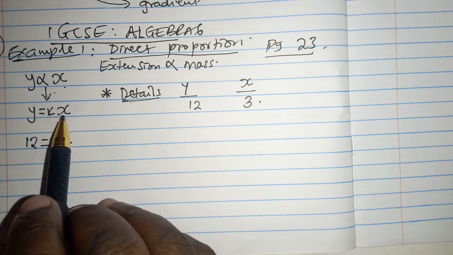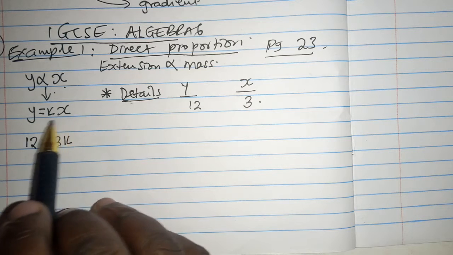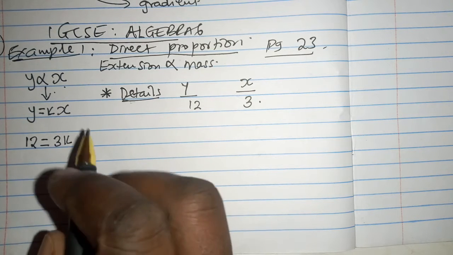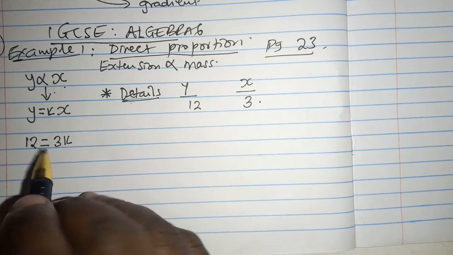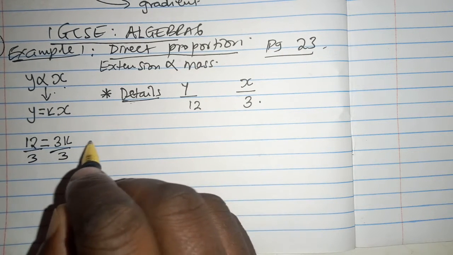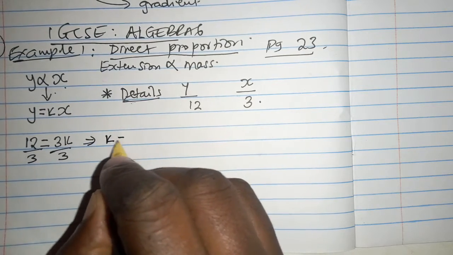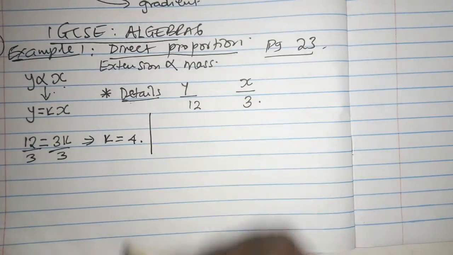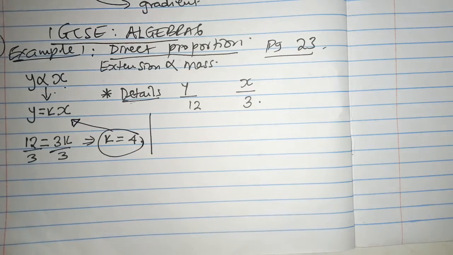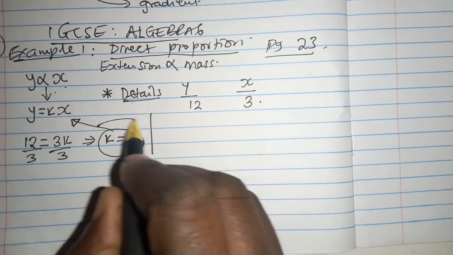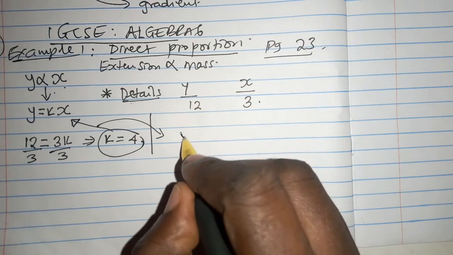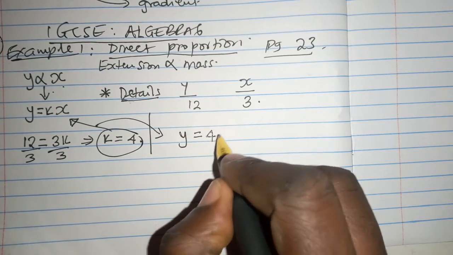To get the value of k, we divide both sides by 3, and you will agree that k is 4. So the formula for y in terms of x is y is equals to 4x.